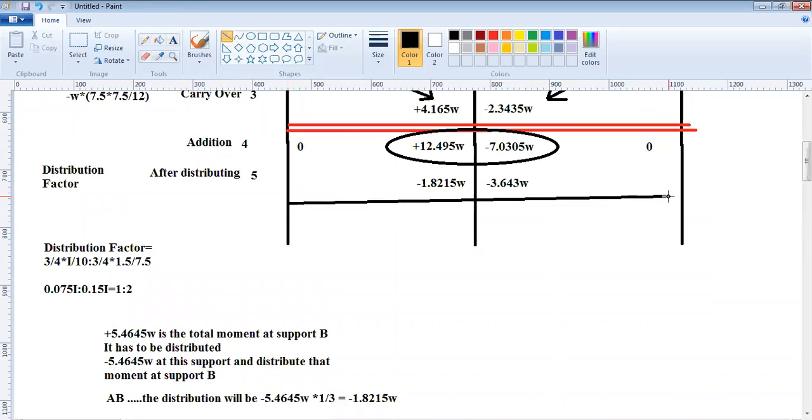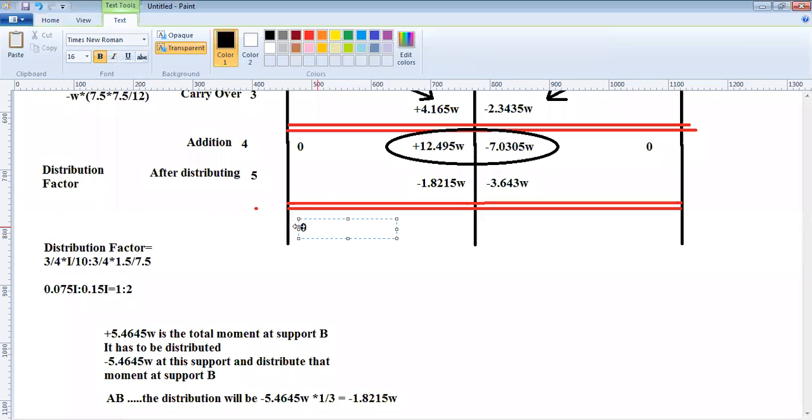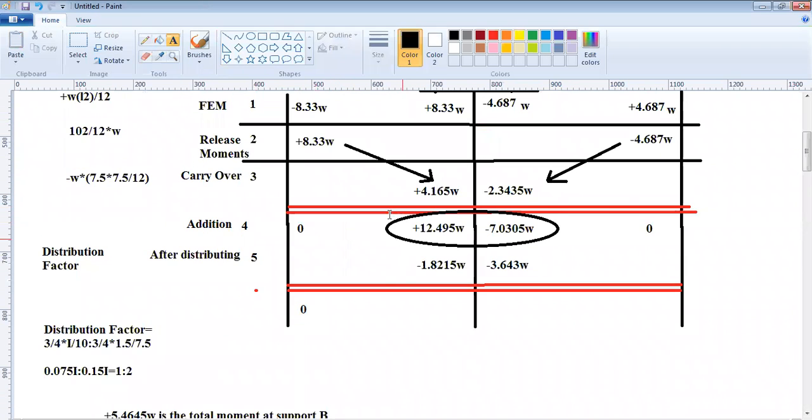So the final picture will be again adding up these moments after distributing. Now, the moment here is 0. How do we add up? We add up between these 2 red lines and between these 2 red lines. We are not adding up from the top, because one addition has already happened.